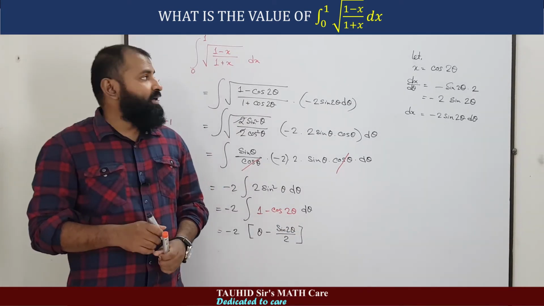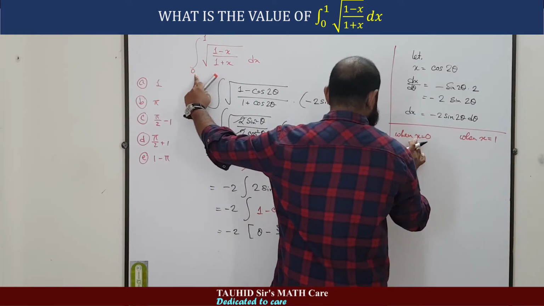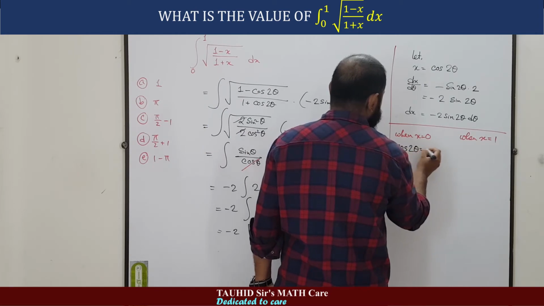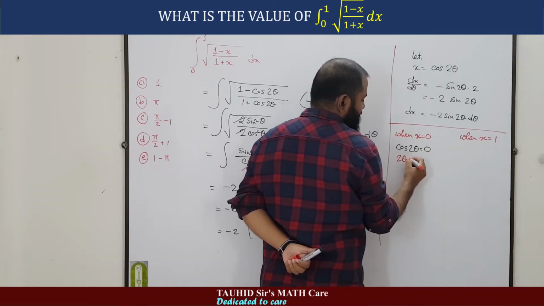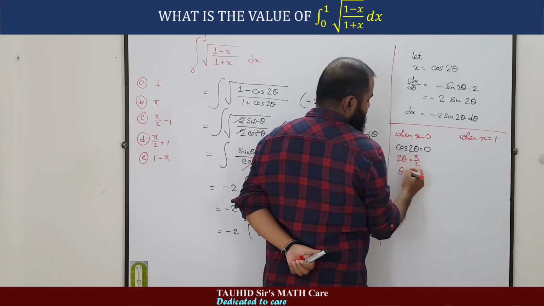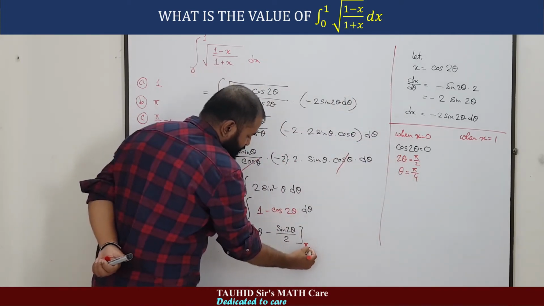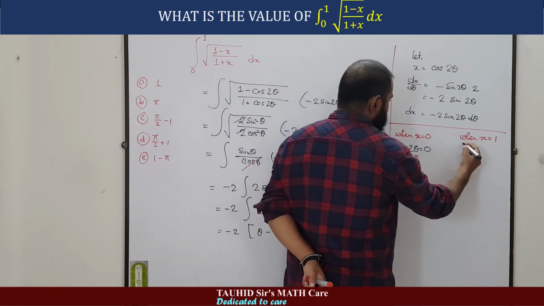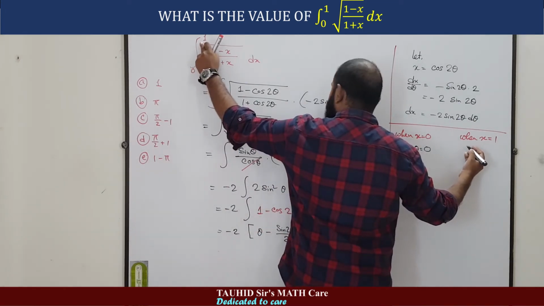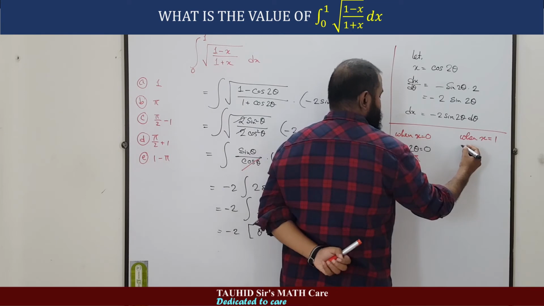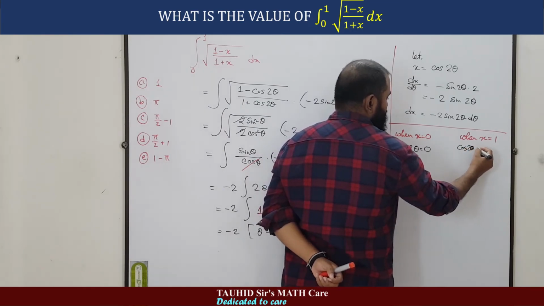Now, what will be the limits? When x equals 0, cos 2 theta equals 0, that means 2 theta equals pi by 2, that means theta equals pi by 4. The lower limit is pi by 4. And what about the upper limit? When the upper limit is 1, x equals 1, that means cos 2 theta equals 1.